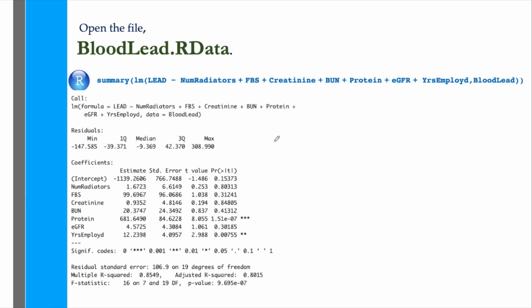Now, what are the predictors found? Again, our equation is beta sub 0, which is the y-intercept, or in other words, we have y equals negative 1139.26.